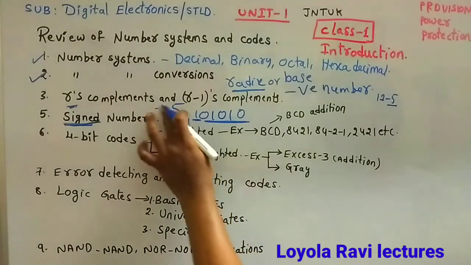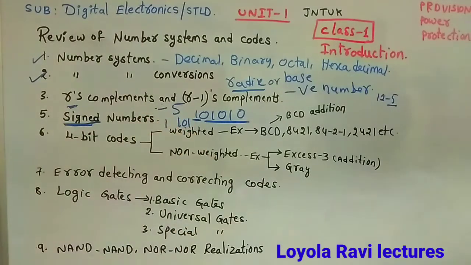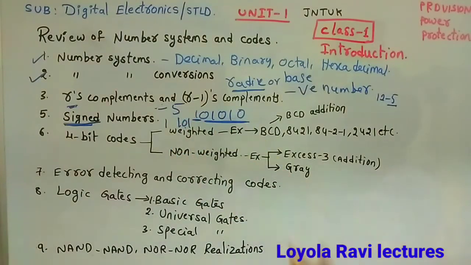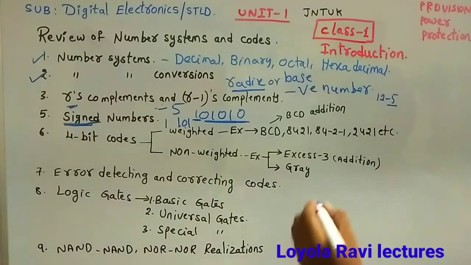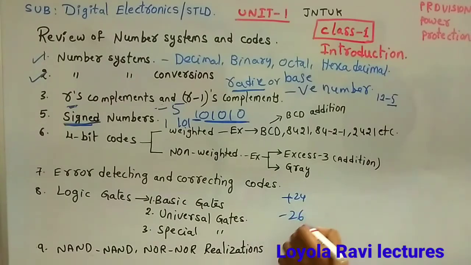If my number is minus 5, I represent the minus as 1 and the remaining bits as the binary number as it is. That is signed representation. We will discuss that later, because he may ask in the examination to represent plus 24 and minus 26 using signed numbers, or add plus 26 and minus 26 using signed representation.